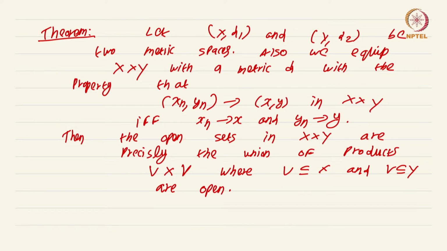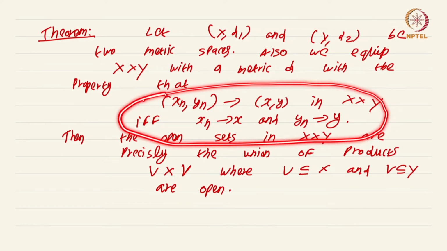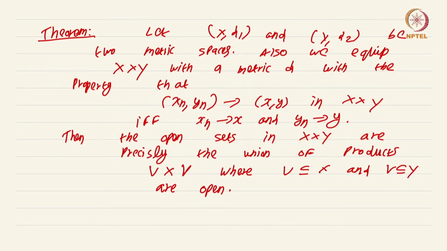So what is this theorem trying to say? It's saying that if you take a product of two metric spaces and put a metric on that product which has this characteristic property, that (x_n, y_n) converges to (x, y) if and only if x_n converges to x and y_n converges to y, then you can immediately write down what the open sets in X cross Y are going to be.